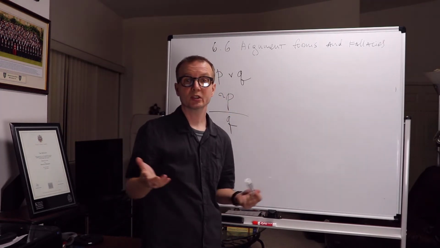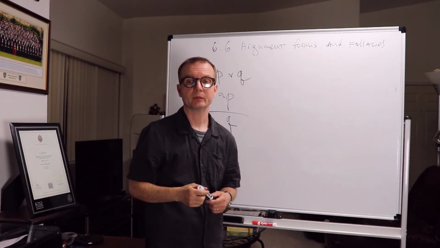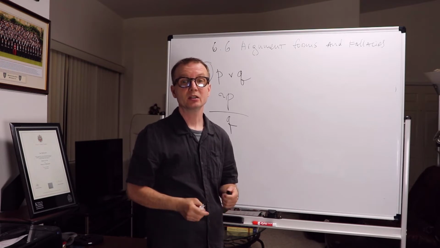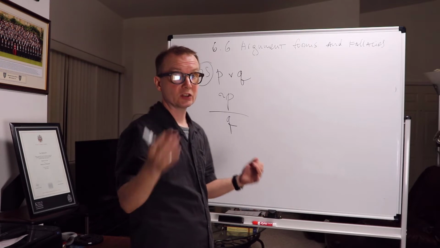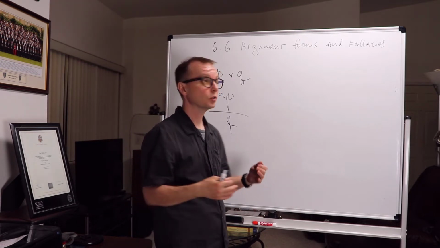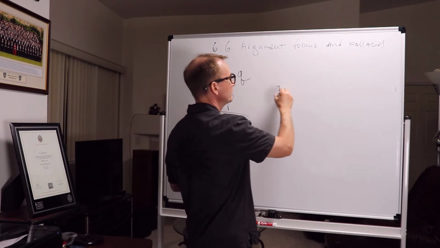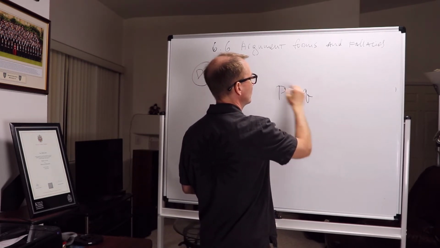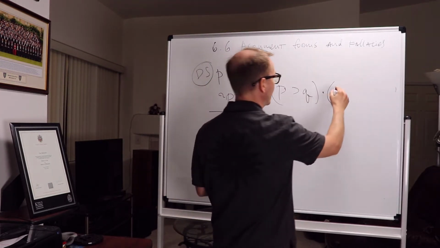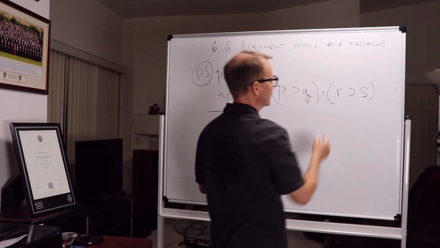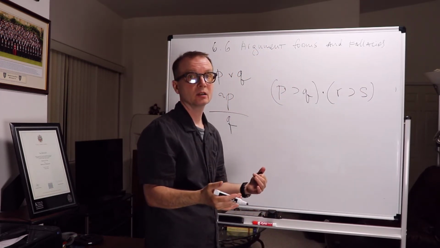Based on the rules we just learned, you can also understand the next one, which is constructive dilemma. Constructive dilemma is if you have a conjunction of two conditional statements followed by a disjunction. So if P, then Q, and if R, then S. These are the letters in the book. Of course, you can use pretty much any letters.